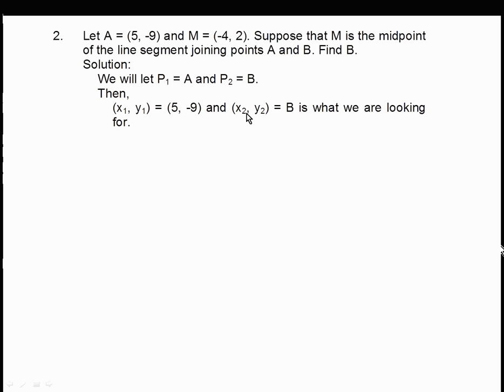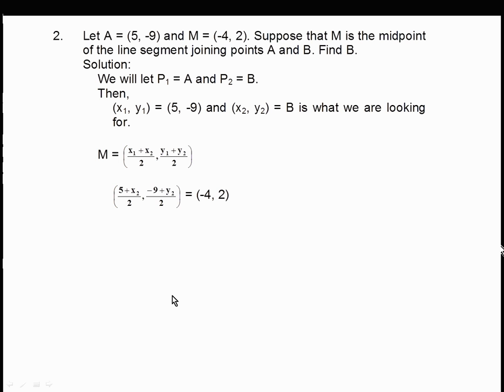We're looking for B, not the midpoint this time. We're given the midpoint, so we're given x1 plus x2 over 2, y1 plus y2 over 2. We're given that that is -4, 2. You're going to have two separate equations to solve, one for x2 and the other one for y2.